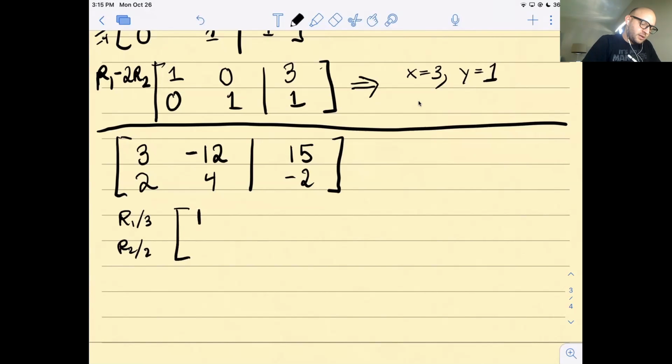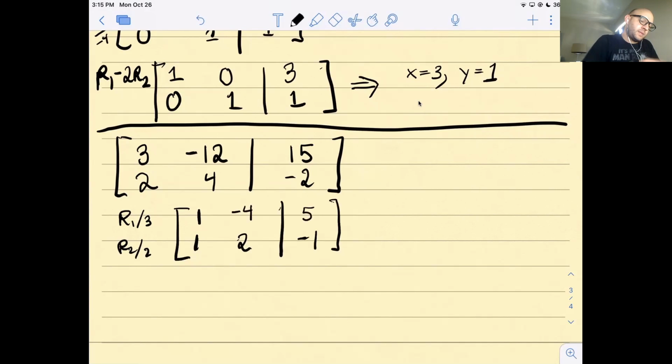You don't need to divide, but it makes it look a little bit simpler. If you ever see a common factor in a row, you can always just cancel it out. And this would be -4, and this one would be 5.